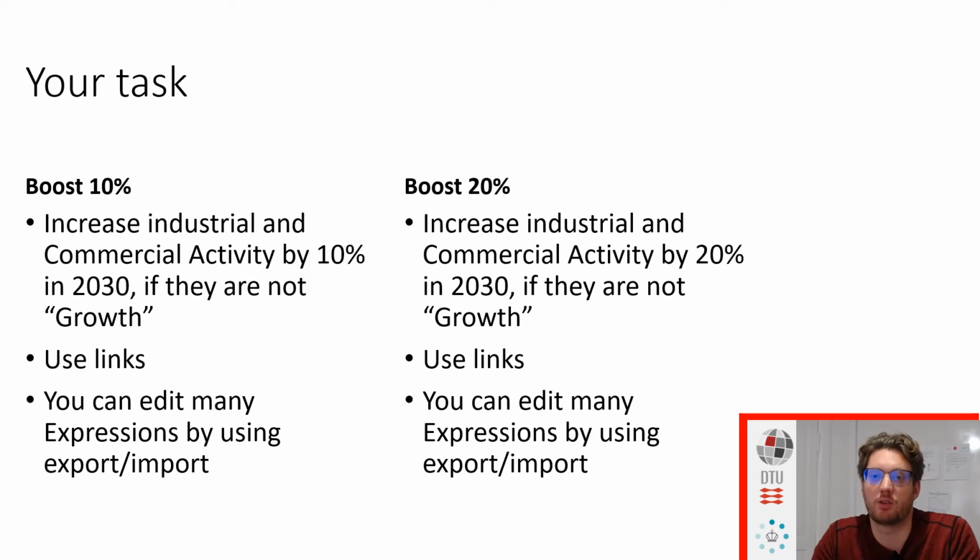We are then going to make two new scenarios with, again, 10 and 20% boost. In the boost 10% scenario, you need to increase industrial and commercial activity by 10% in 2030. In the current year of the model, which is 2010, it of course has no increase, so it is a linear increase we're looking for.